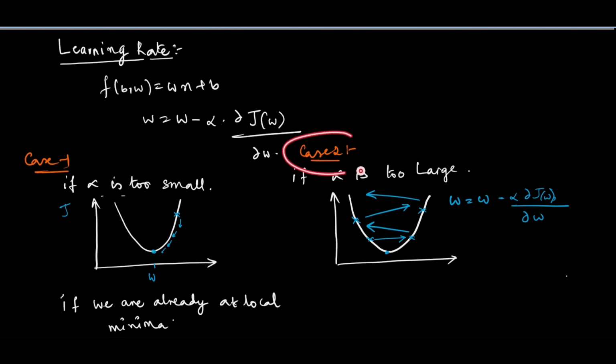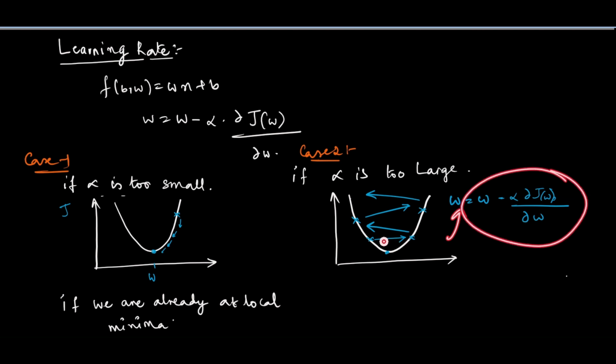Now let's take a different case, case 2, where alpha is too large. Now we are at this position, and this is the local minima. To reach the local minima, we again differentiate the value and update. As the value of alpha is large, the value of W may not reach the local minima at all.